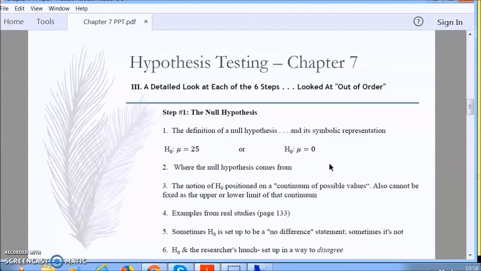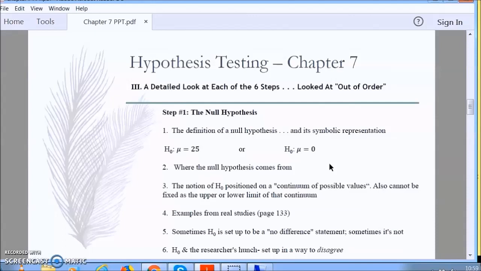And then you have H naught rho equals plus 1.3, which is not possible again, because your correlation coefficient has to lie between plus and minus 1. So you cannot have plus 1.3 because that is beyond, that is not in the continuum.